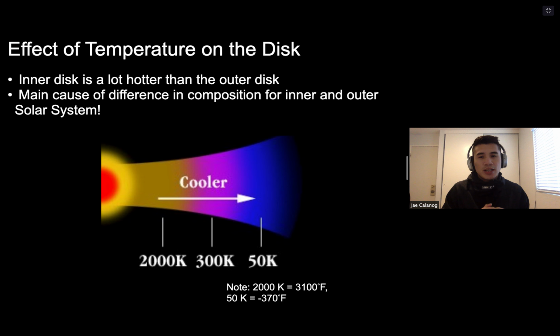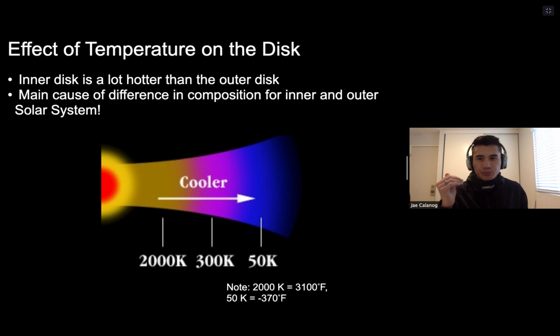This picture shows how the temperature changes as you move further away from the center of the disk, or the star itself. Relatively close to the center, the temperatures are about 2,000 degrees Kelvin, which is about 3,000 degrees Fahrenheit. Then it quickly drops off, becoming really, really cold.